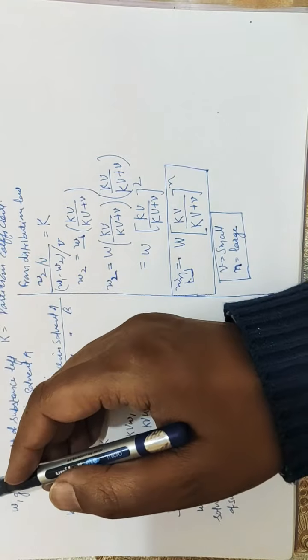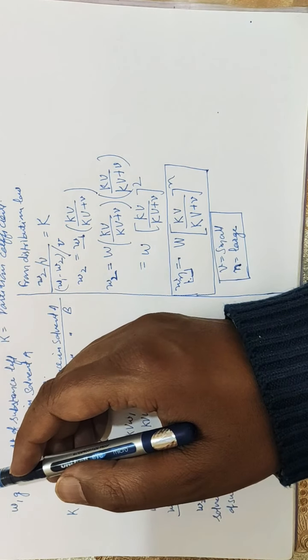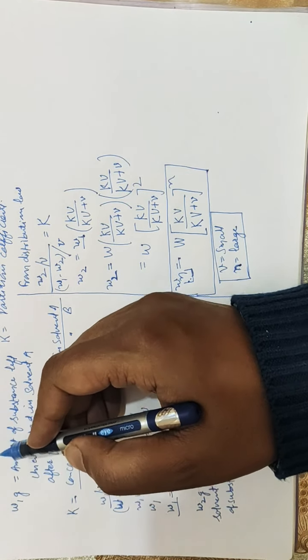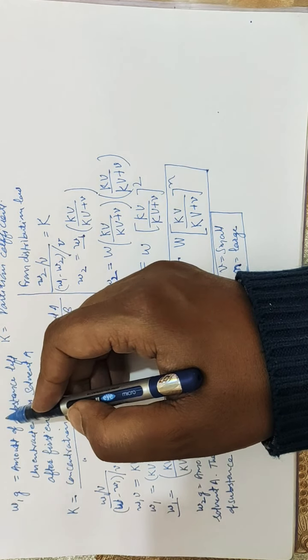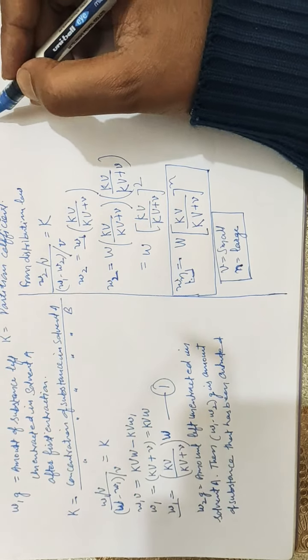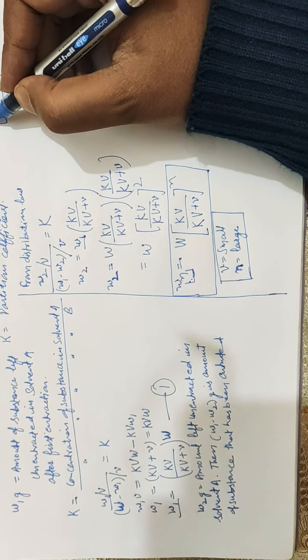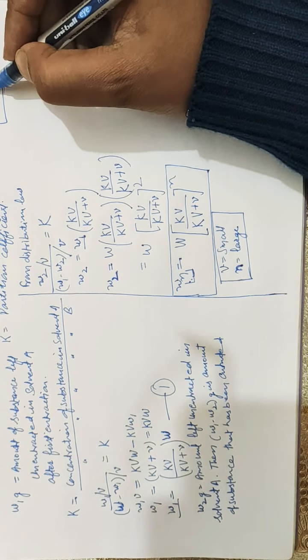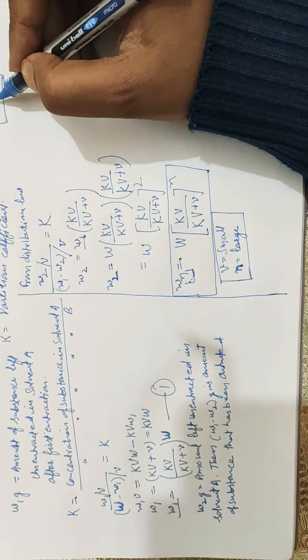Let me repeat again. Here W g is the substance that is present in V ml of the solution made by using solvent A. So suppose you have been given a container in which a solution is present with some impurity or substance that has to be extracted.